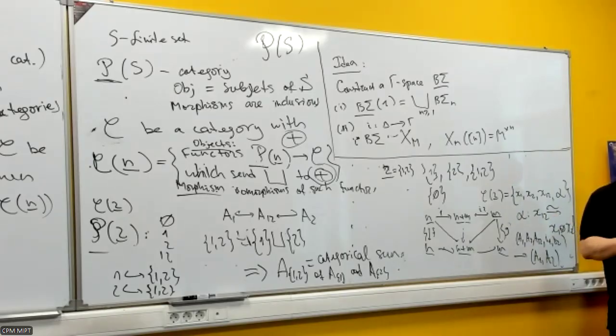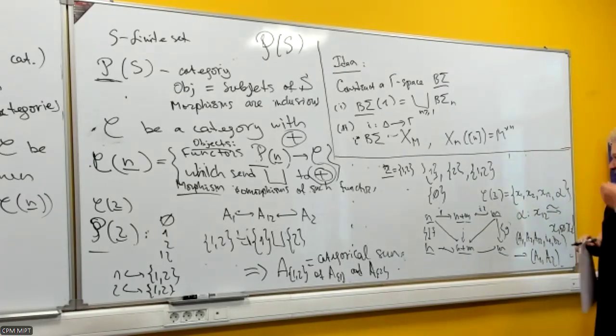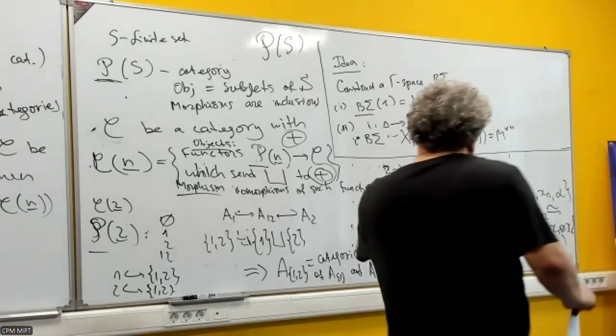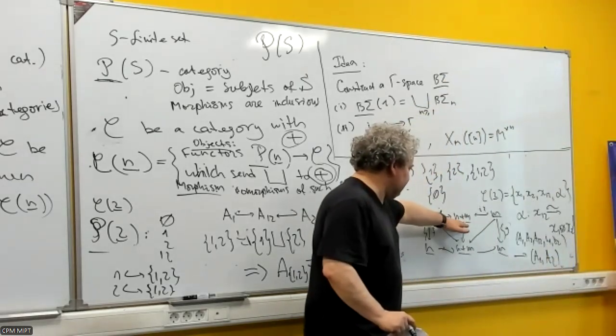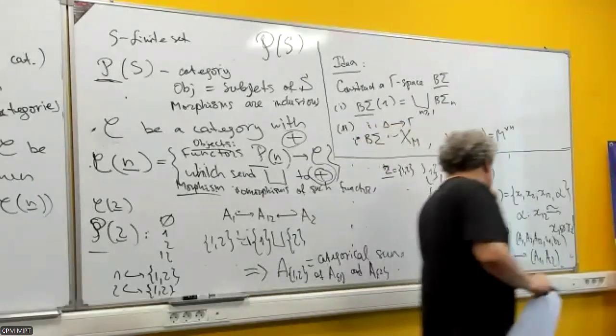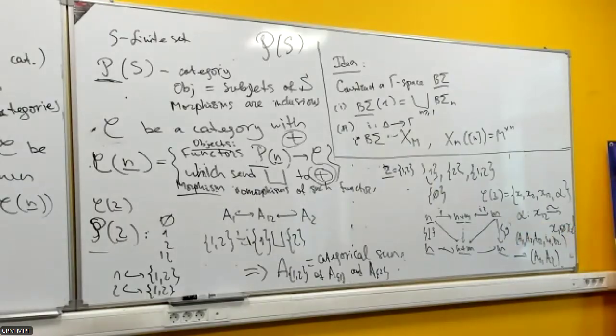So then it means that on the level of objects, it follows that any object is actually isomorphic to the standard object, right?